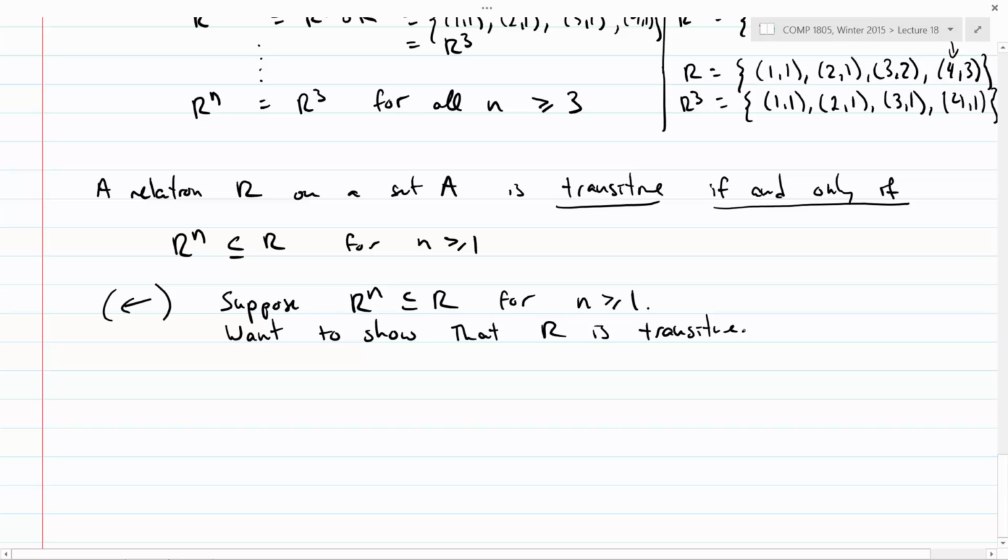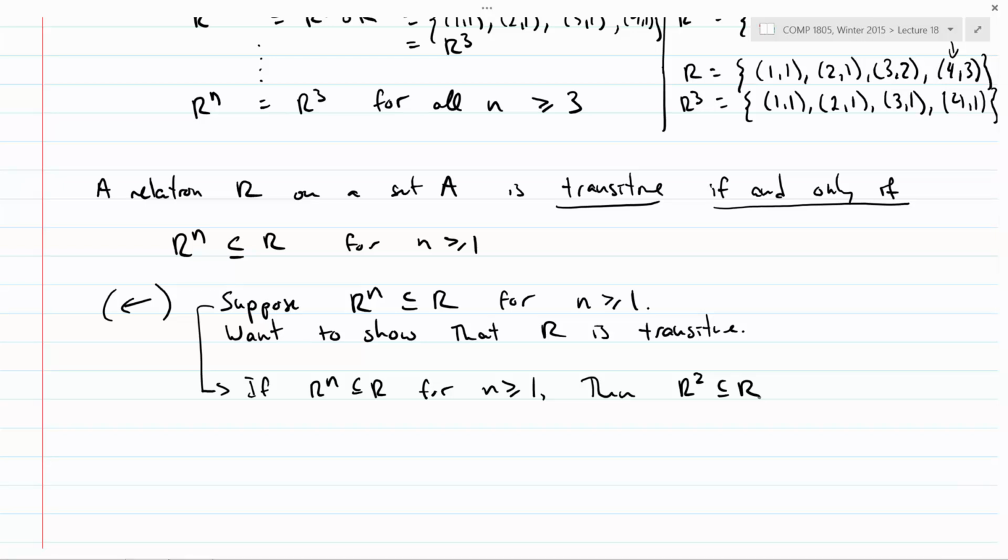If R to the n is a subset of R for n at least 1, then definitely R squared is a subset of R. If R to the n is a subset of R for all n, then certainly R squared is a subset of R. This is universal instantiation.